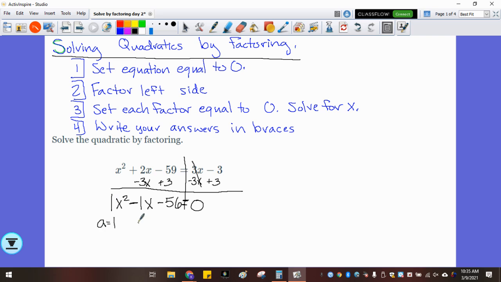So A is 1, B is negative 1, and C is negative 56.